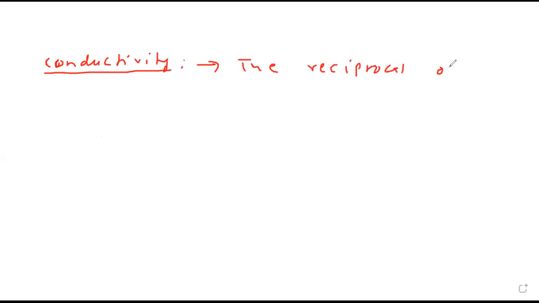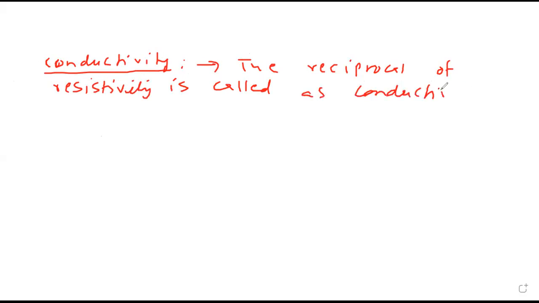So the reciprocal of resistivity is called conductivity. The reciprocal of resistivity is called conductivity. Resistivity and specific resistance are the same. Just copy these two lines.